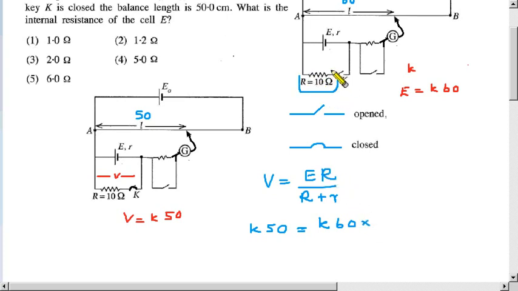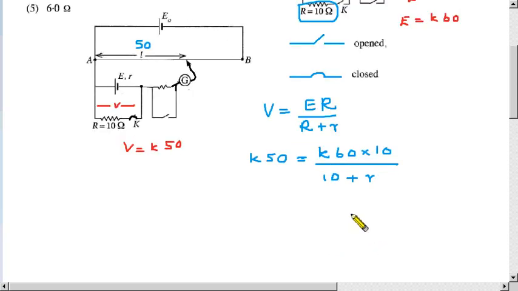R is this 10 ohm divided by again 10 ohm plus simple r, that we don't know, the internal resistance of the cell. So k cancels, then 0 cancels, then 5 equals 60 divided by 10 plus r.